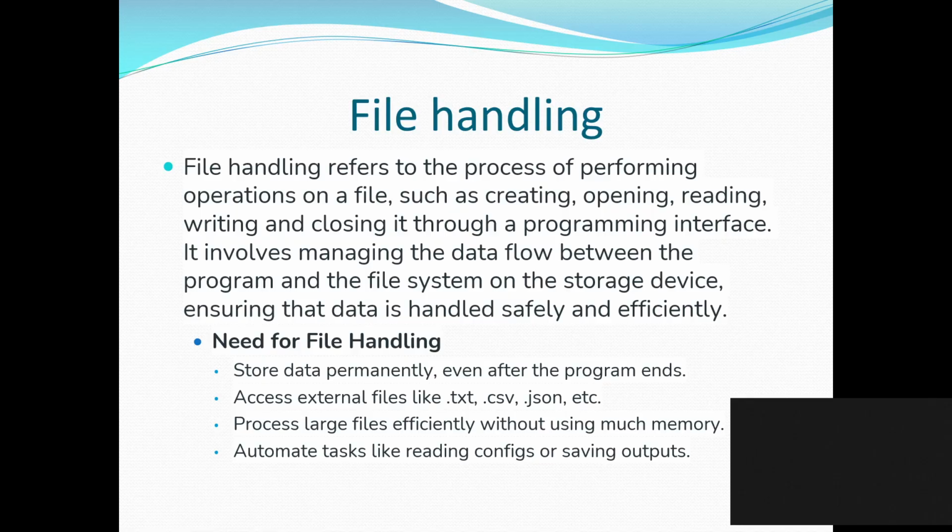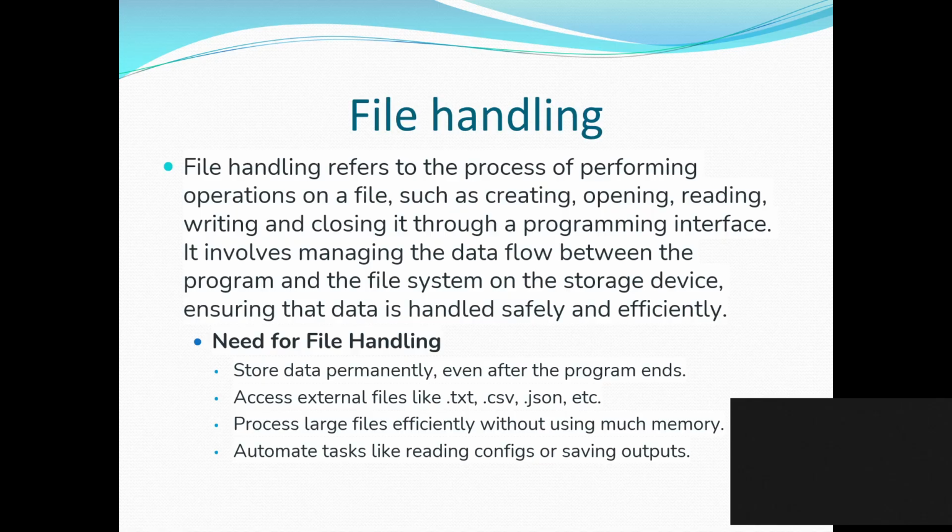So as we have introduced and understood what exactly file handling is, let's see why there is a need for file handling. Data is stored permanently even after the program ends. If I want to have an output and use it after the program ends, I want to store it as a file somewhere. For that we need file handling.